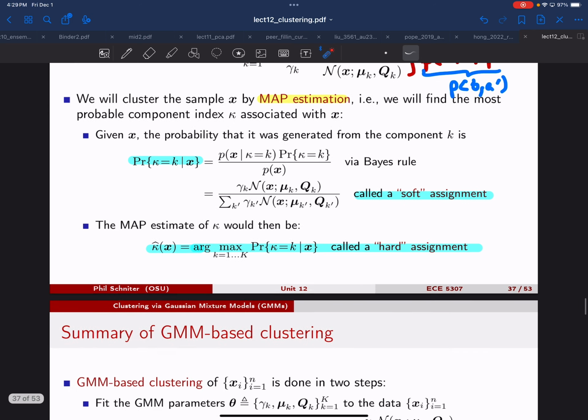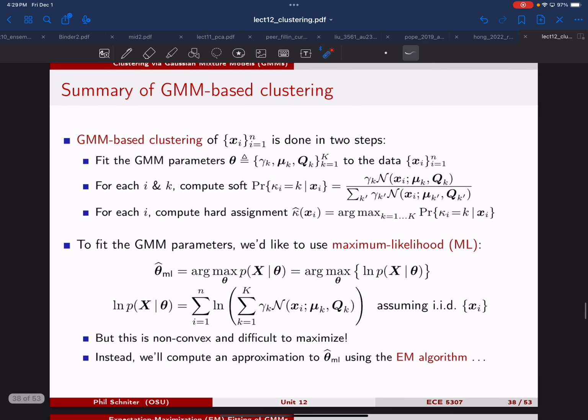Okay. All right, so this is just a summary of GMM-based clustering. The part we have yet to discuss is how do we do the fitting, but assume we can do that. Second step, we compute this quantity here for every sample i in our data set and every cluster hypothesis k.